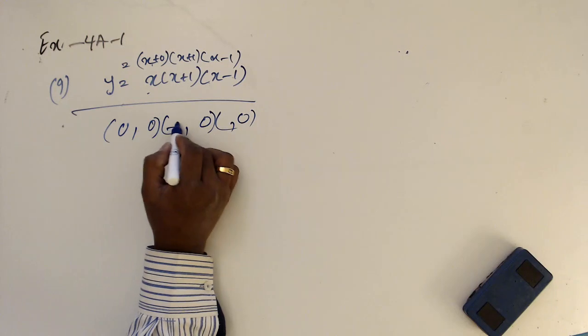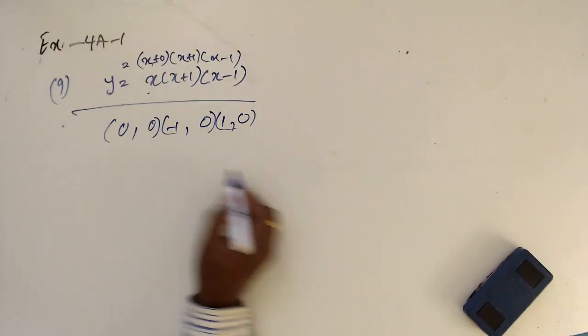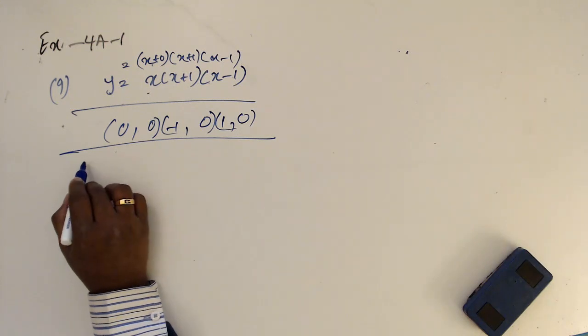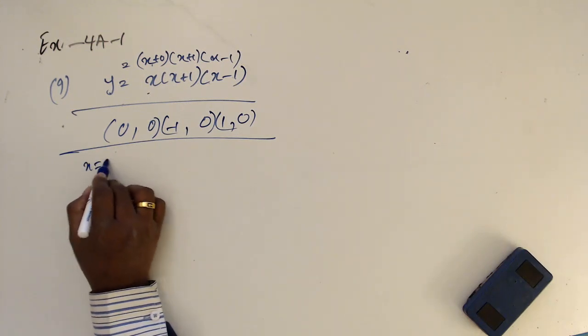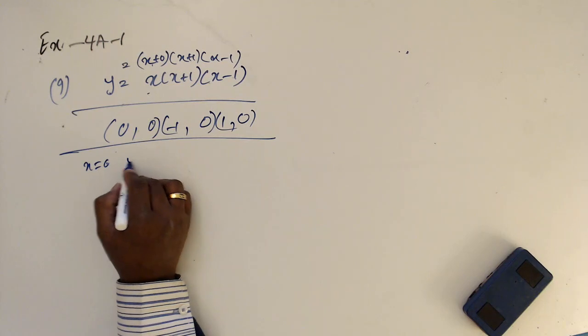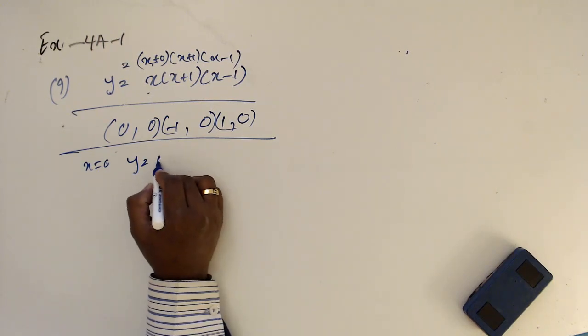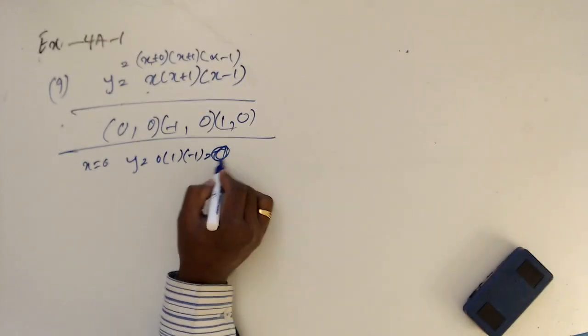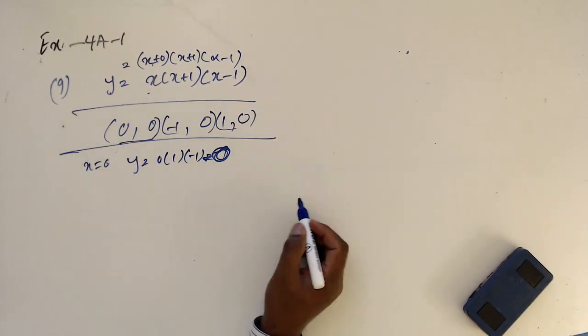This is minus 1 from here. This is 1. Then when x equals 0 again, y equals 0. It is still there.